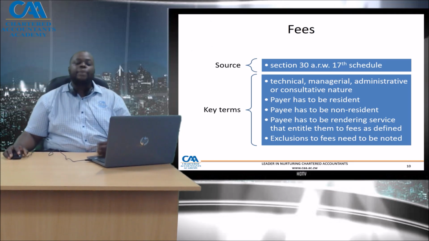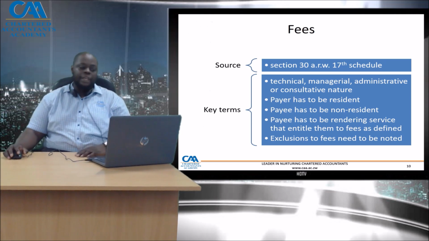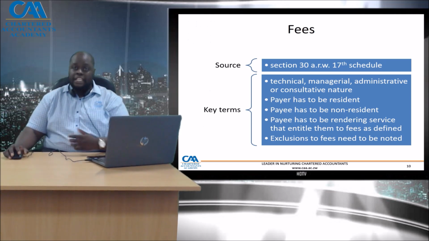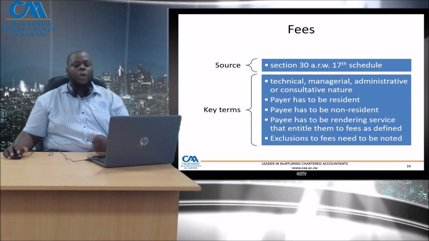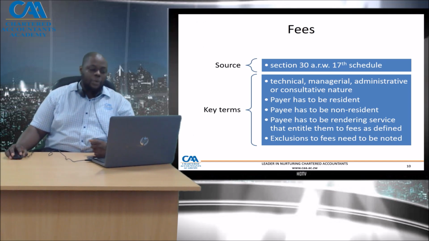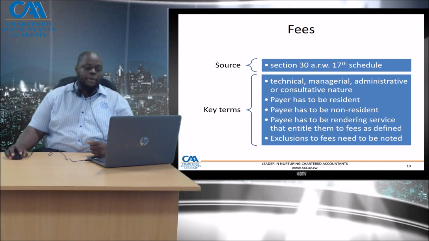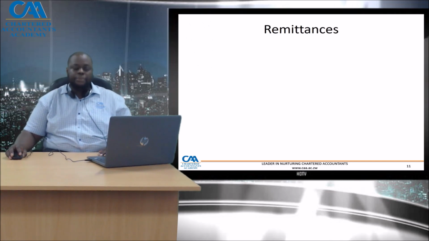Secondly, the person being paid, the payee, needs to be a non-resident. The service that they are providing needs to be, as stated, of a technical, managerial, administrative, or consultative nature. What amounts would be excluded from withholding, we'll look at when we cover all the other sections. Next, we'll look at remittances.